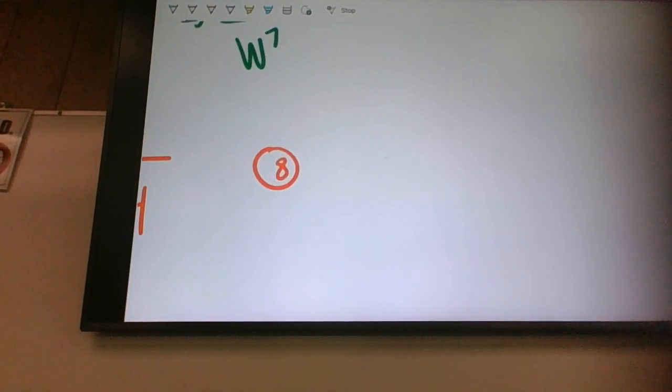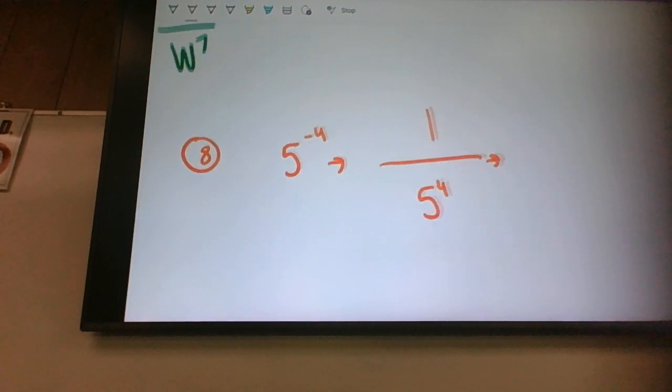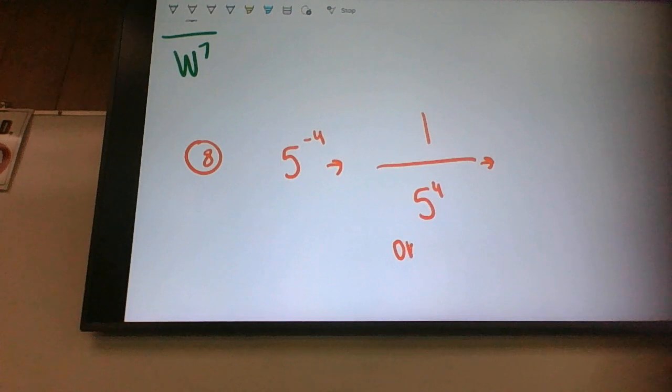This is number 8. We're going to put it under 1 and make it positive. And then we're going to use our calculator to go one more step. And if you don't have a calculator, I'm not doing it for you. It's 5 times 5, which is 25. All right, Brett, can we pick another number? Don't look.